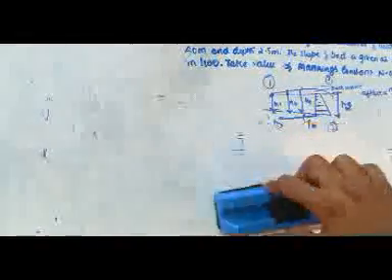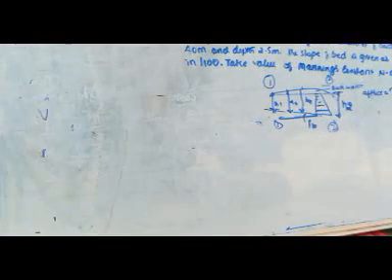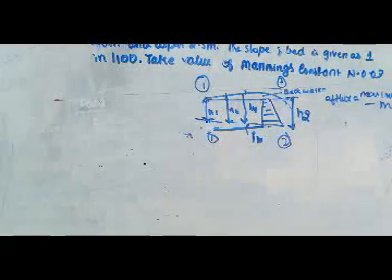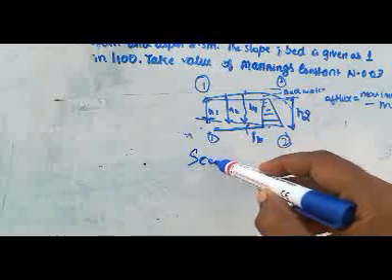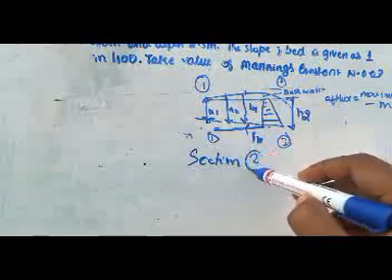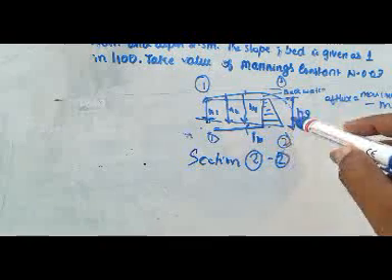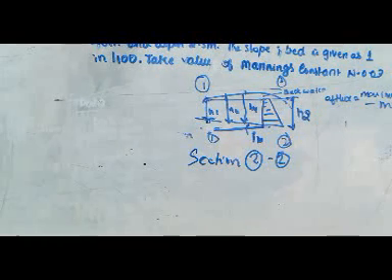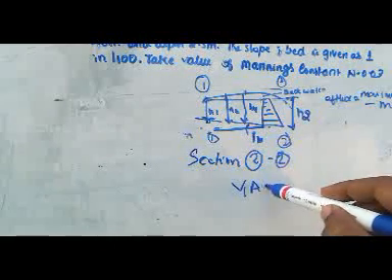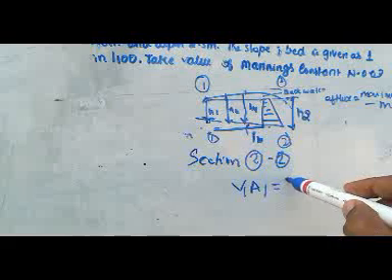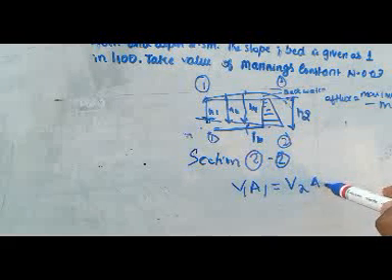We got the value of V1, and for section 2 we have the formula V1 A1 is equal to V2 A2.